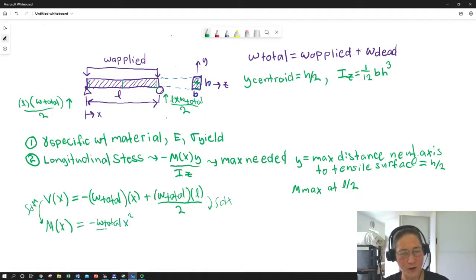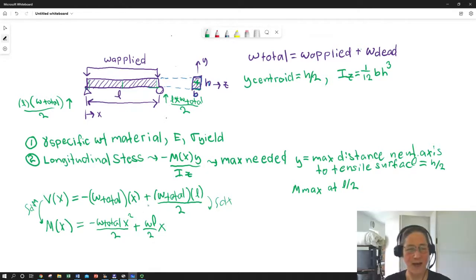We're going to end up with a parabolic expression, concave down. The constant of integration is 0 because neither support can give us any moment. We know that our moment when x equals 0 has to be 0 because this pin support can't give us any moment. So this is our expression for moment.